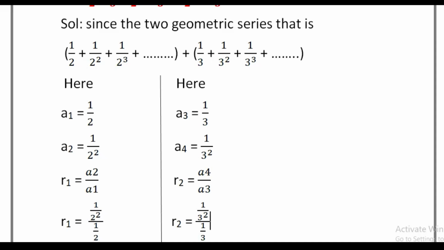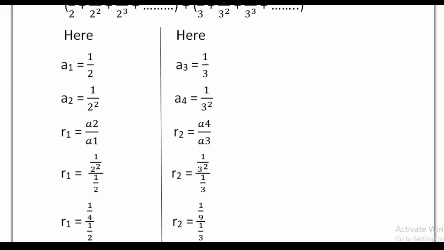So 1 divided by 2 whole square is equal to 1 divided by 4 divided by 1 divided by 2. So R is equal to 1 divided by 4 multiplied by 2 divided by 1, so 2 over 4, so R1 is equal to 1 divided by 2.